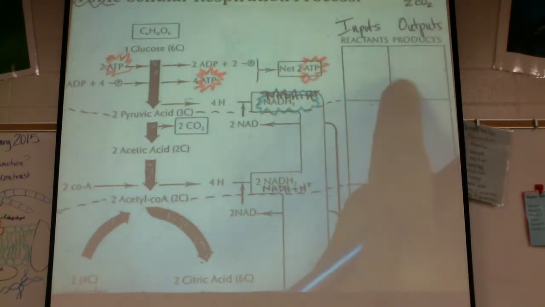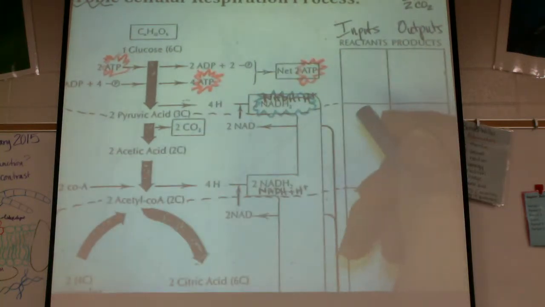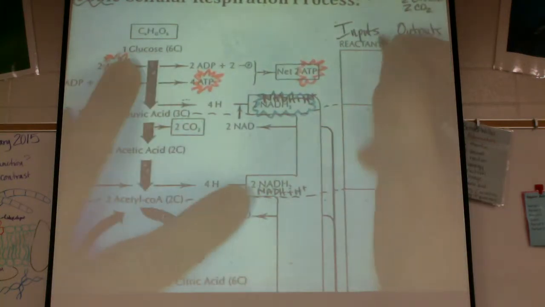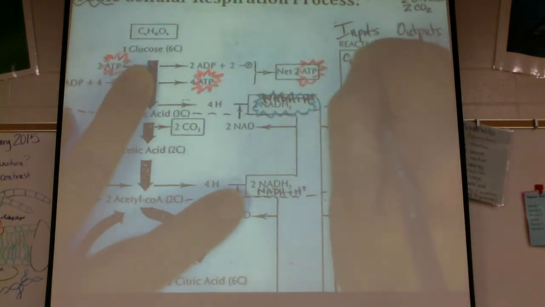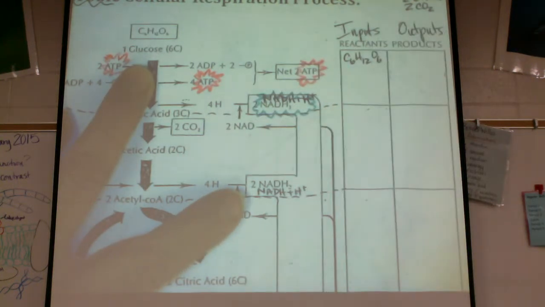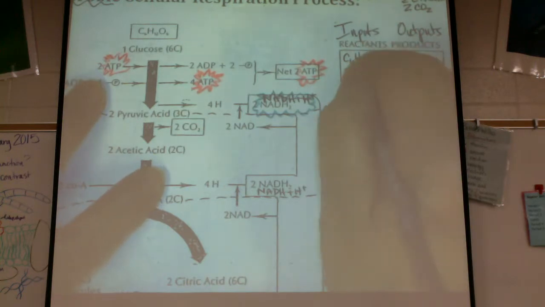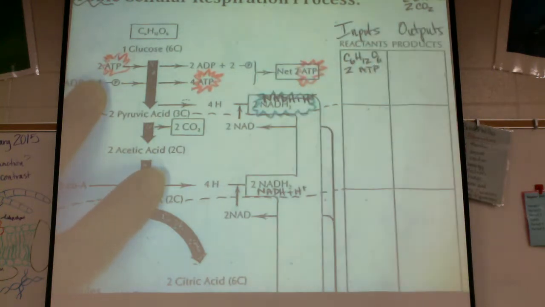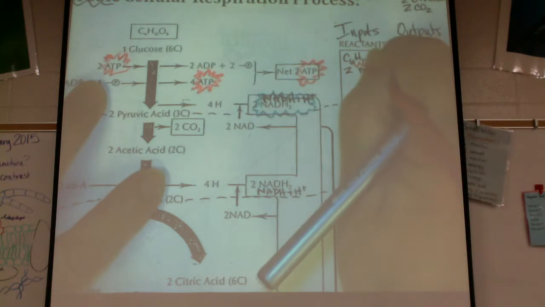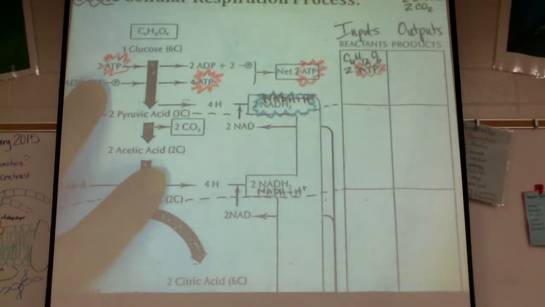So let's look at our inputs and outputs. If you look over here, you've got glucose coming in, so a C6H12O6. You also have, notice, 2 ATPs that need to be utilized to be able to run the process, okay?